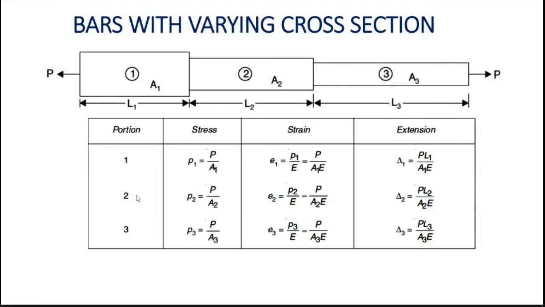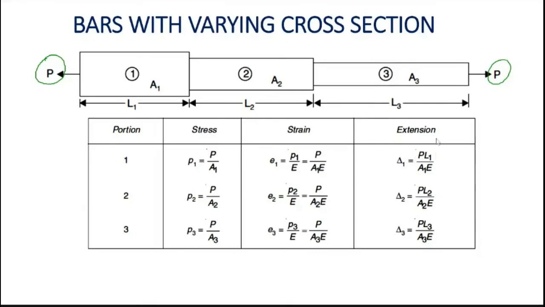For portion 2, do it separately. Your force is always the same, there is no difference in force. So for portion 2, del L is PL2 by A2E, since the area is different.